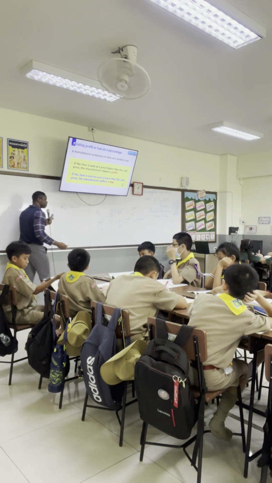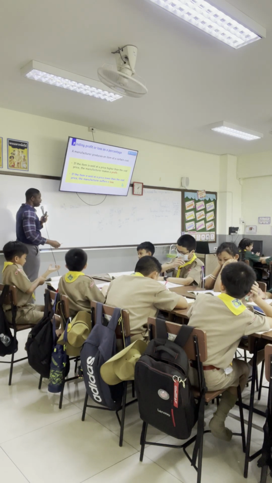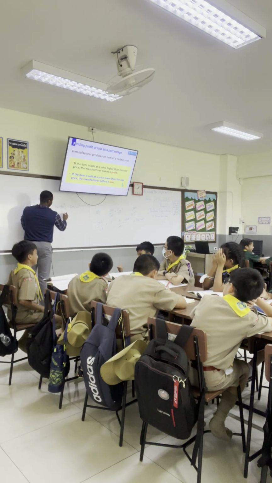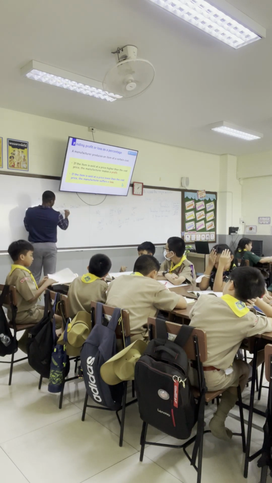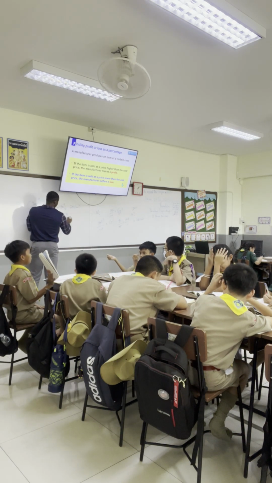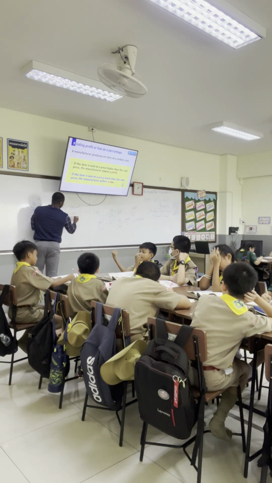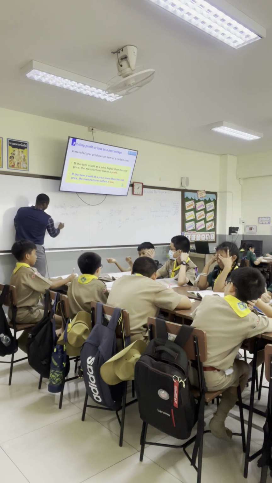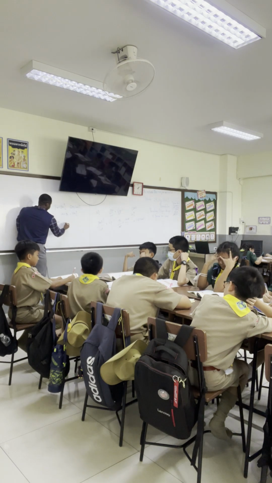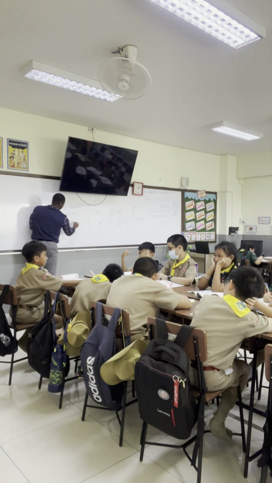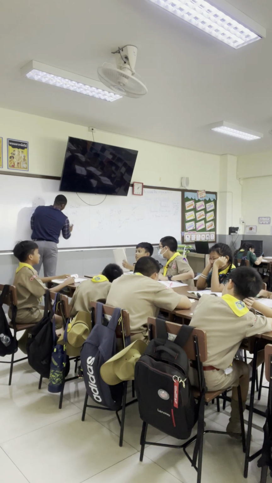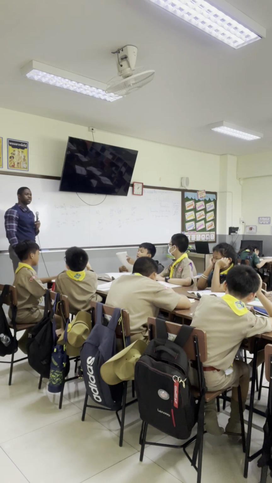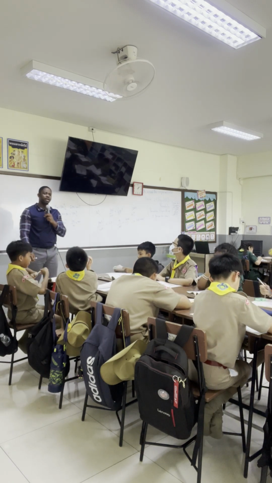Now, the math is, remember, profit will always be 100 plus, right? 100 plus 30%, 130. Okay, so it would be 130. Would it be 130 over 100 times 200? Or 100 over 130 times 200? Which one? A or B? That's the question. Who can help me out?